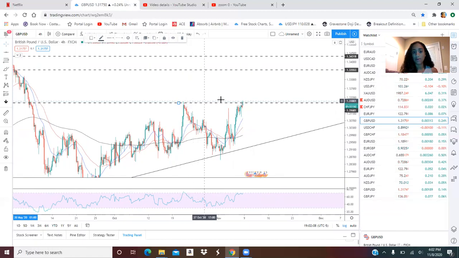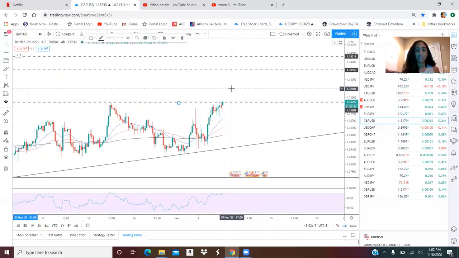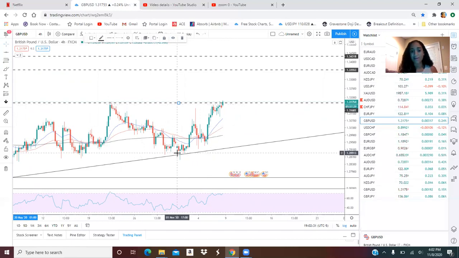And once price breaks this structure right here, comes back for a retest, then I'll be interested in buying, okay? The only reason I'm not interested in buying now is, like, what type of setup is this? We're at a point in time where previously price reached this level and came down.